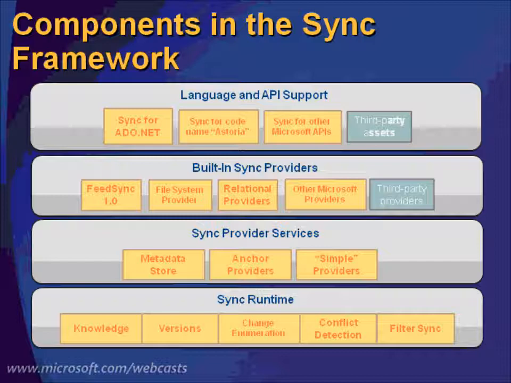So these are the components that make up the sync framework. We have 4 different layers. I'll start from the bottom up because we're going to get more granular from the beginning. The base layer is the sync runtime, and sync runtimes are basically APIs for dealing with the metadata. Metadata is, I'll go over this momentarily, what really empowers the sync framework.